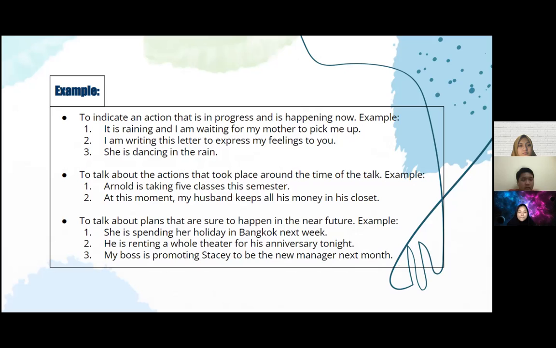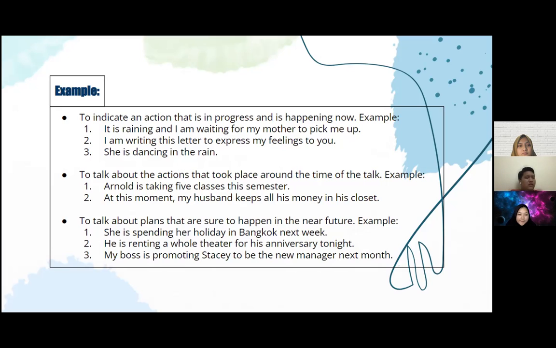Example: it's raining and I'm waiting for my mother to pick me up. The second, I'm writing this letter to express my feelings to you. The third, she is dancing in the rain.